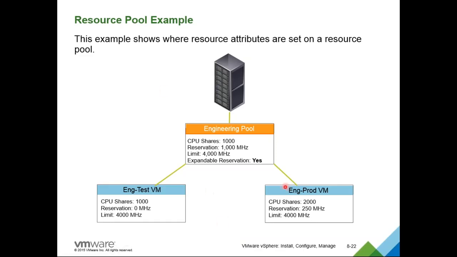Like that, here also we have available resources: CPU shares 1000, and the reservation is 1000 megahertz. The limit is 4000 megahertz for this particular engineering pool. And the expandable reservation is yes for this engineering pool.